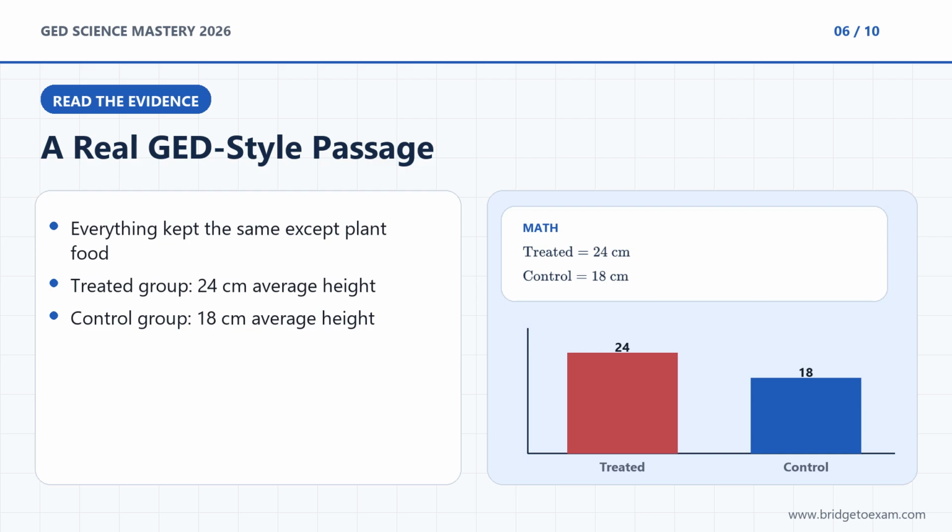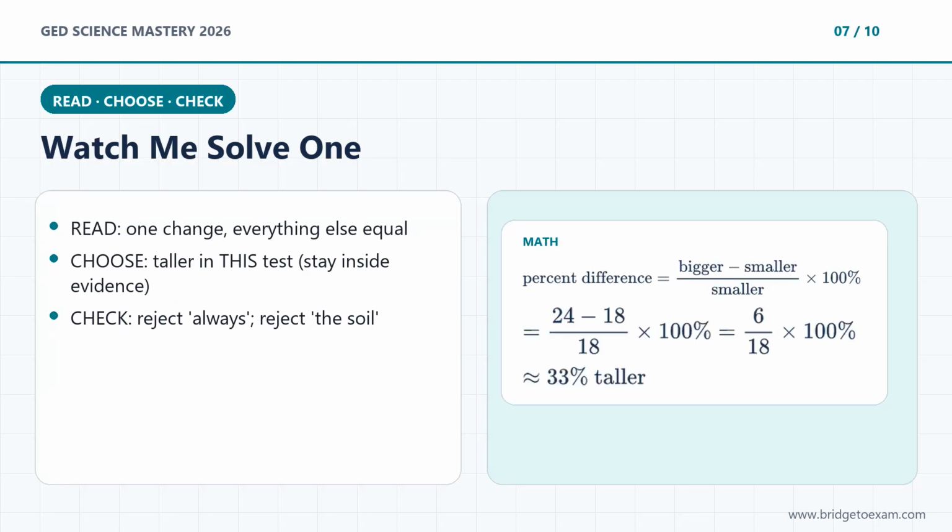After 3 weeks, she measured the average height of each group. The treated group averaged 24 centimeters. The control group averaged 18 centimeters. Look at the 2 bars. There is a real difference here, and in a moment we will decide, carefully, what it does and does not prove. Now watch me solve it with our method, slowly.